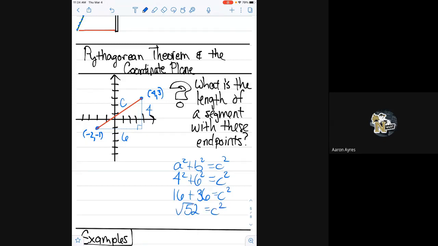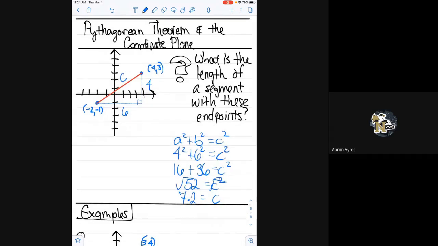You take square roots, and you get a value for C. I hear 7.2. What do you think, kiddos? I have a thumbs up from Madeline, and I hear another confirmation, so we must be in pretty good shape.